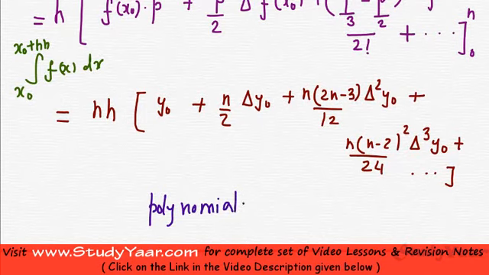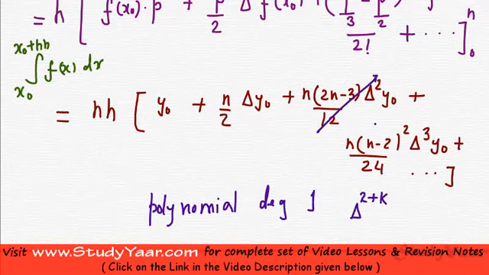If my f(x) approximates to a polynomial of degree 1, then I know that all the differences having order 2 or more are all going to be 0. So this is going to be 0, this is going to be 0, and all the next terms are going to be 0.